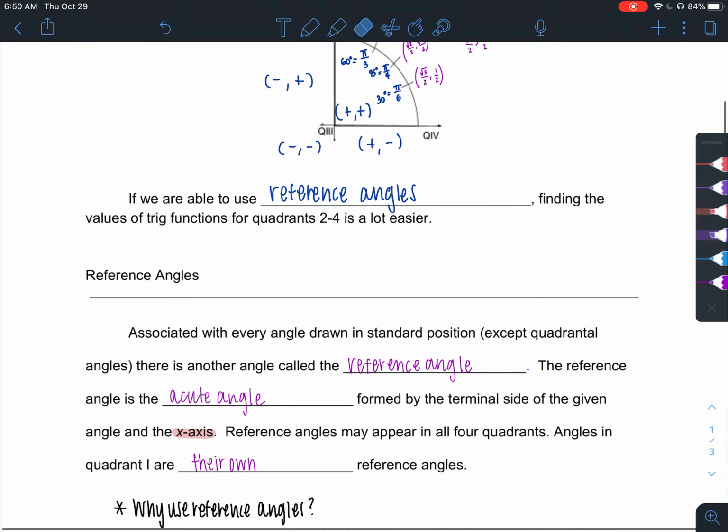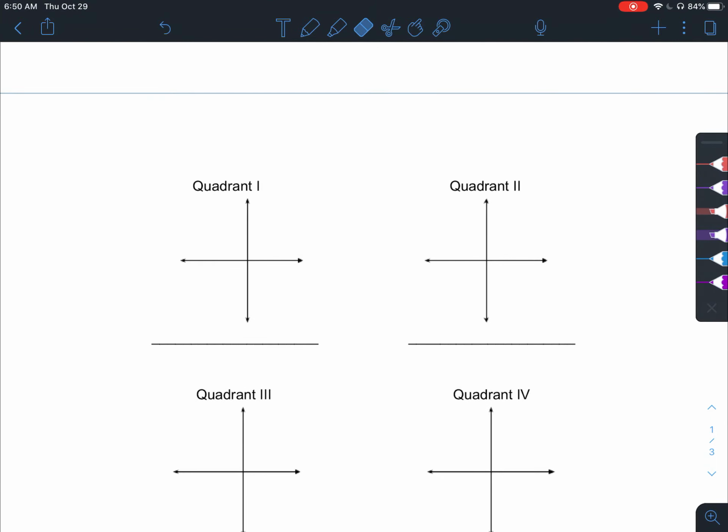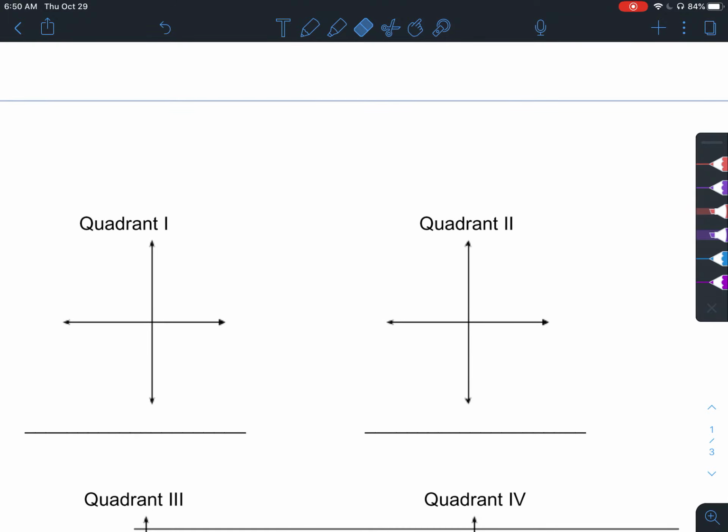The unit circle. Okay, so I'm going to just draw what these reference angles are going to look like. I just want to remind you all that pi is equal to 180 degrees and 2 pi is 360 degrees.